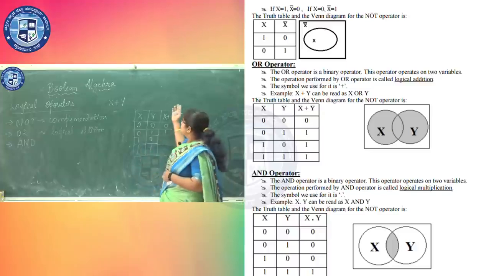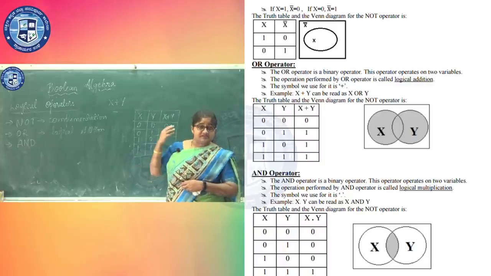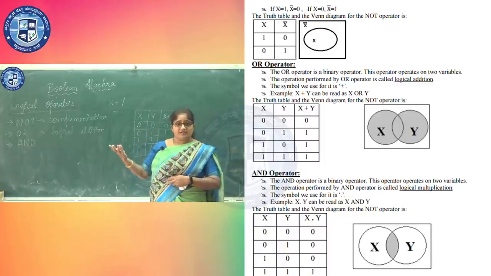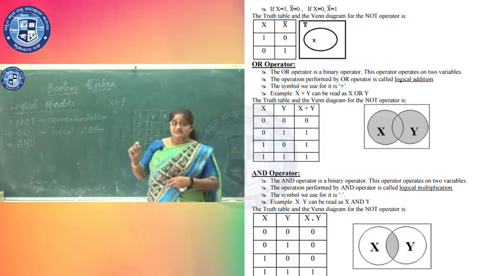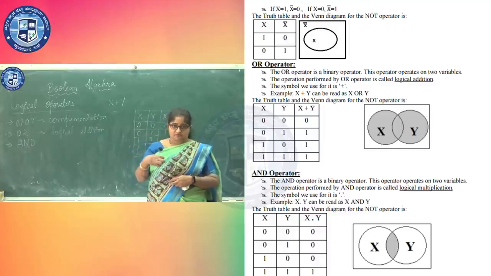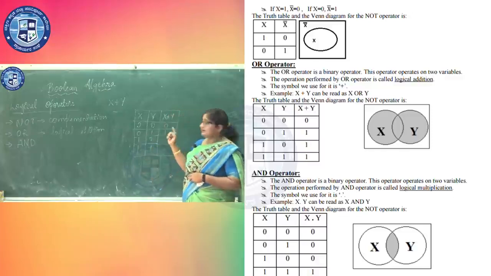If I am considering the previous example, if it was Ram prefers rice or roti, if any one is there also he is satisfied. But when he says rice and roti, it means that he wants both. Only when both the items are there, then he is satisfied. Here I am taking the value or.